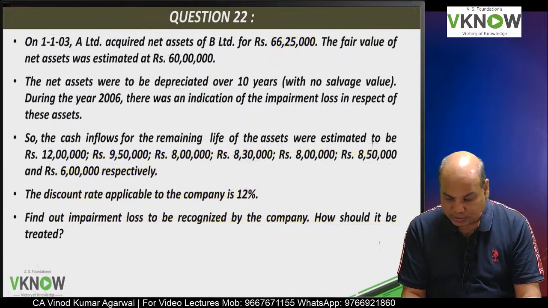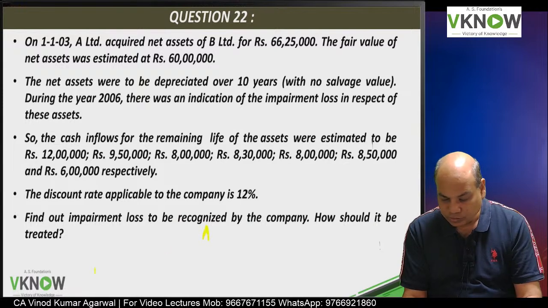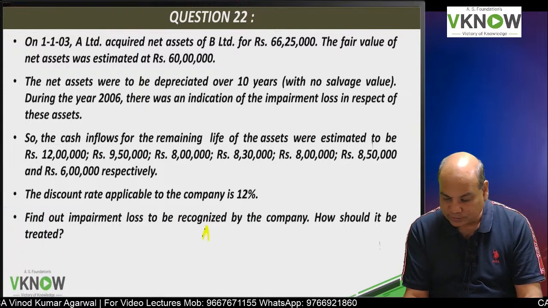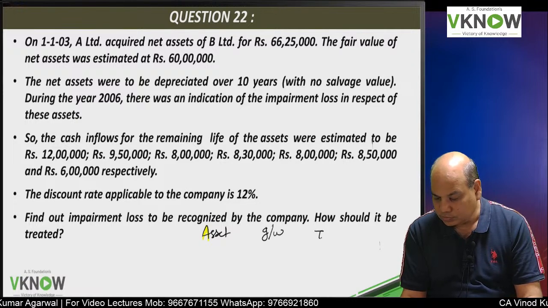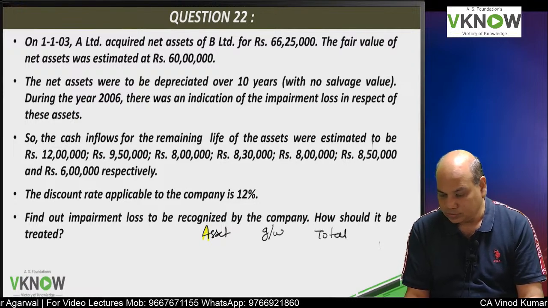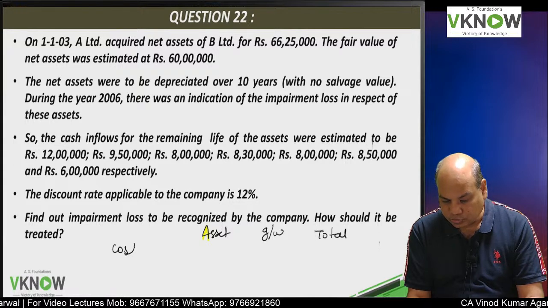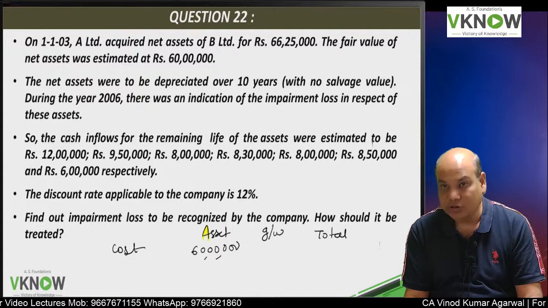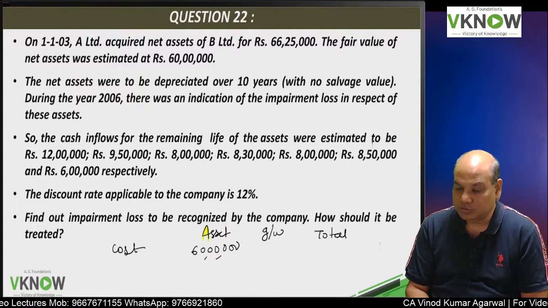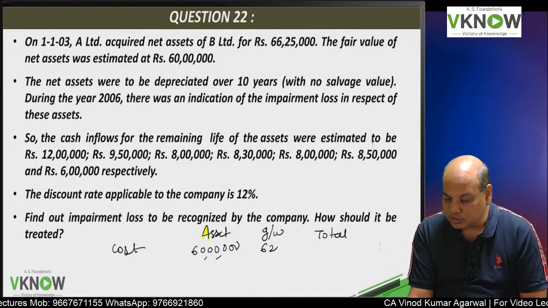Carrying amount I can explain easily: asset, goodwill, total. Cost of the asset was 60 lakh. Those who have the book can just tick mark it in your book. Goodwill was 6,25,000.